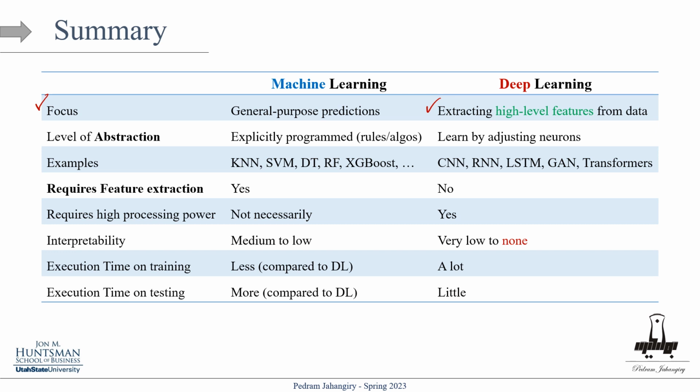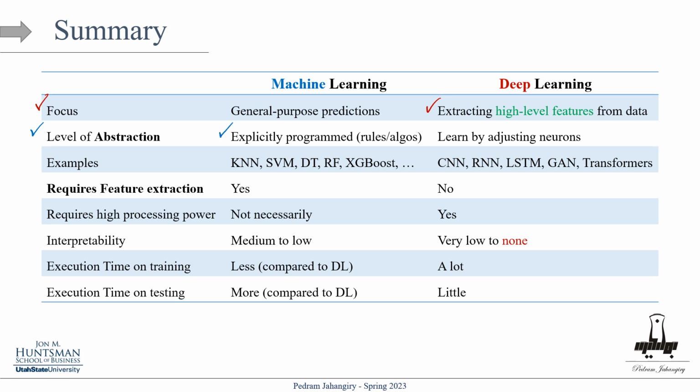Then we can look at the level of abstraction. In machine learning, we explicitly program the model, right? So the idea is that we say, okay, here are the rules of the game, here are the algorithms. Based on the performance metrics, for example the difference between actuals and predictions, go ahead and update the model, right?